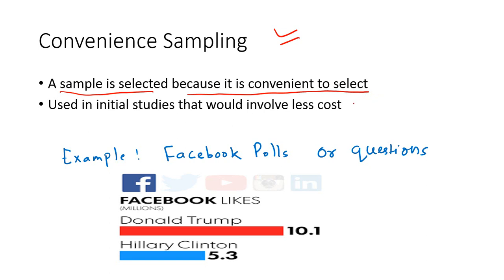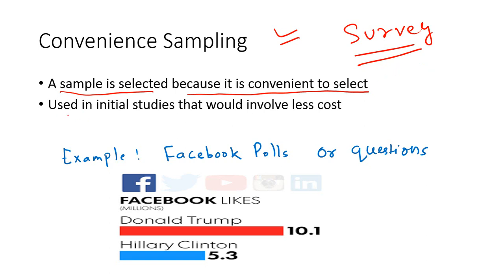Not all elements are convenient to select, and this is useful in survey data analysis, where you cannot actually reach out to each and every element or every observation of your population. It's difficult, it's an expensive affair, or it's operationally very difficult. In that case, you just go ahead with the cases where it is convenient to select a subset of the population, a sample of the population.